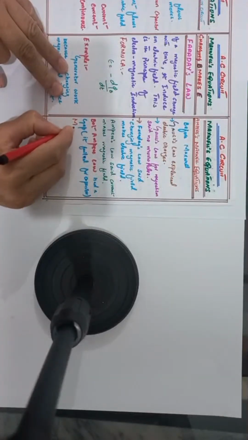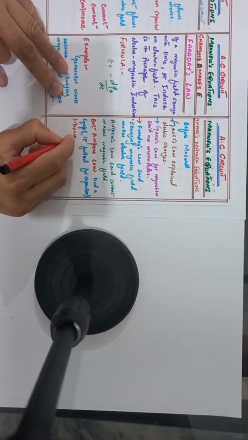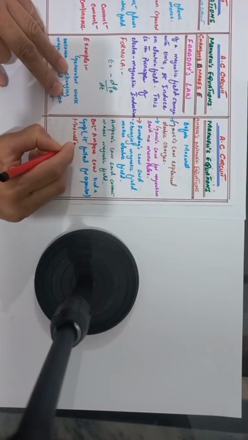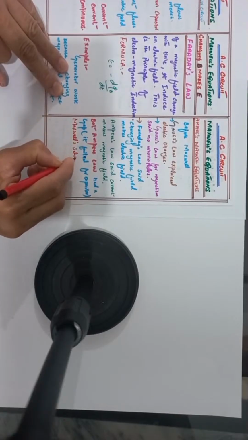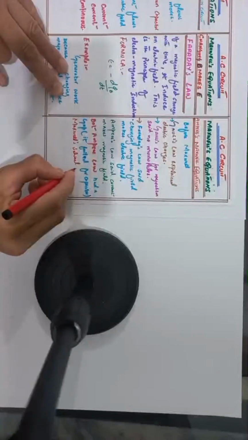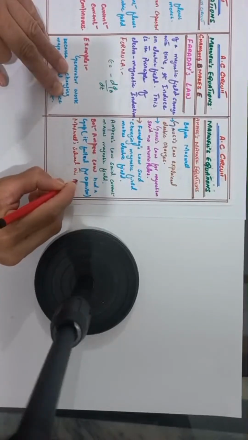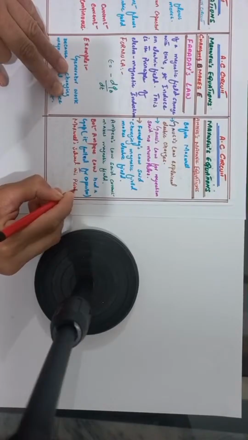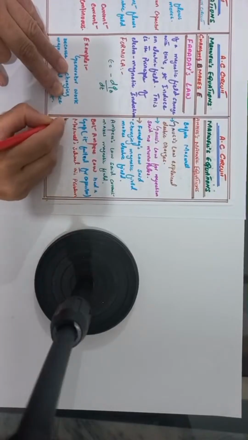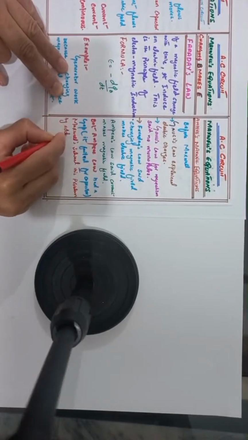Maxwell solved this problem by adding a displacement current.